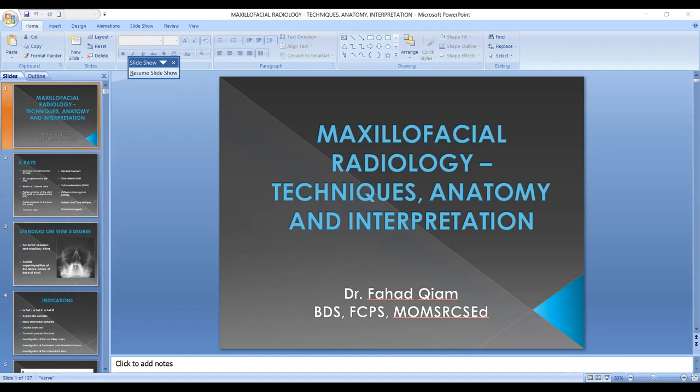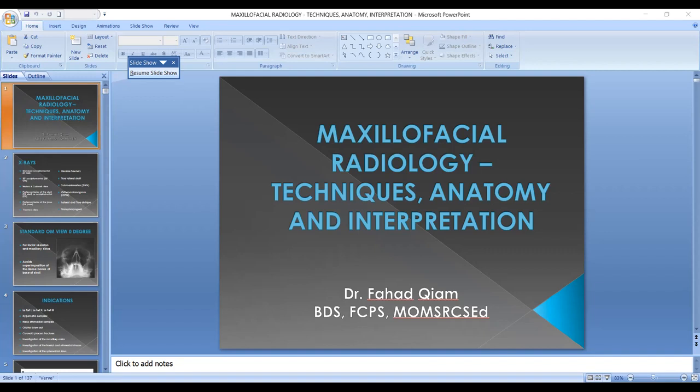If you're working in the periphery somewhere, probably you'll have to make do with these plain X-rays, which may or may not be in the digital format, so they may or may not be very clear, but still it will be what you have. And if it is possible for you to make a diagnosis or a treatment plan based on these X-rays, again depending on facilities where you are working, then if you're aware of the anatomy and how to interpret these X-rays, maybe you can use them for diagnosis and treatment planning purposes.